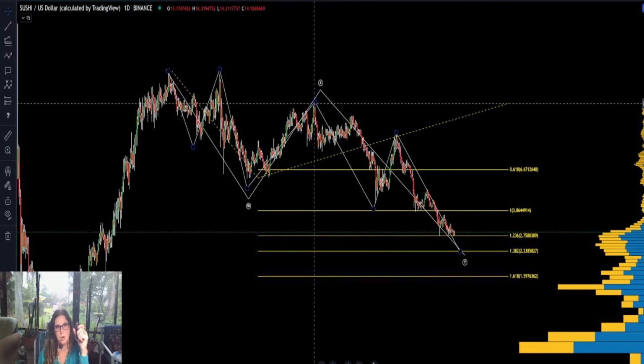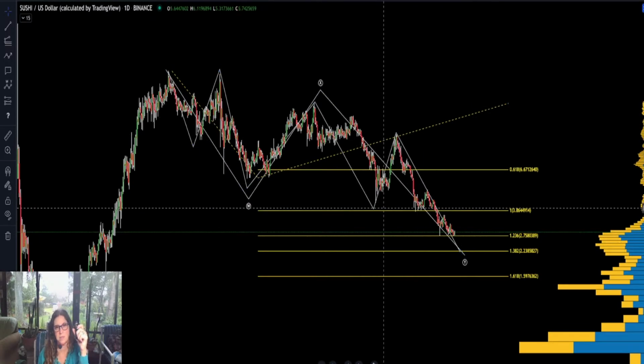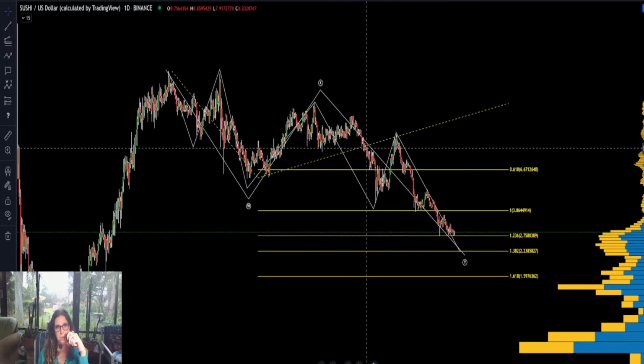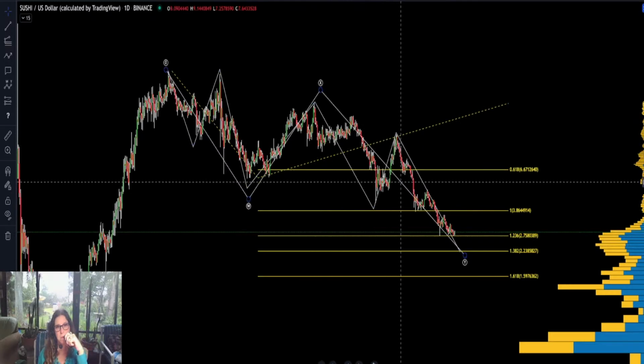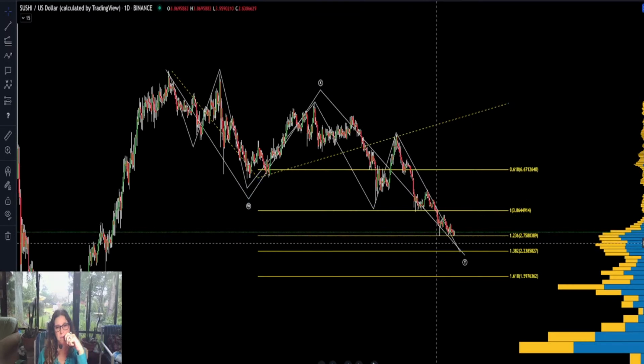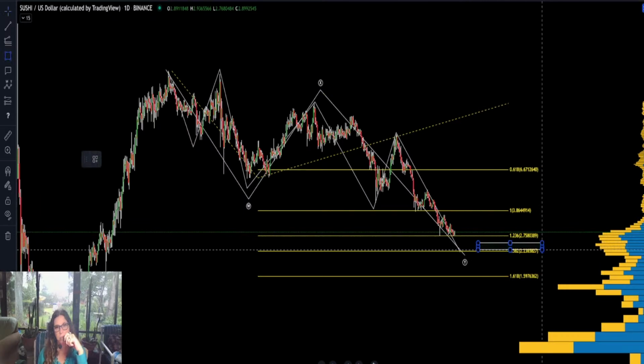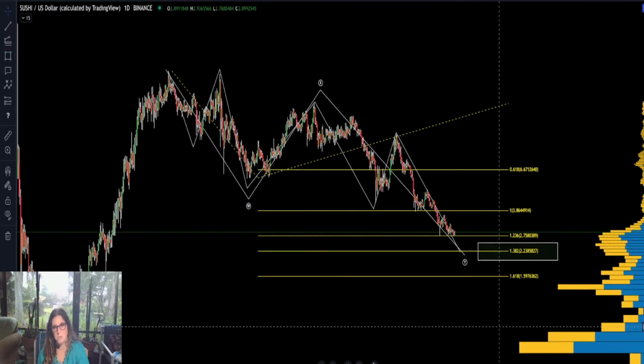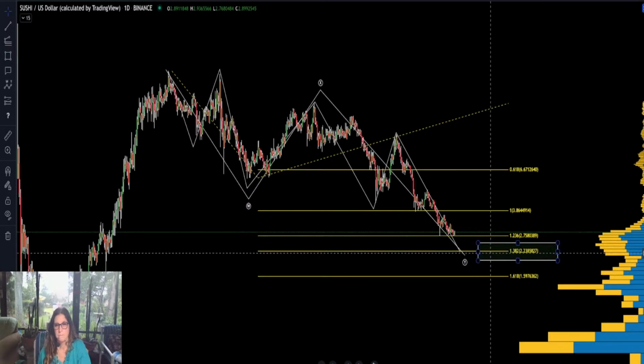If this had started with 5, that would be ugly, but it didn't. This is a 3-wave move. This is 5. It has a good chance of holding here. I would watch that fib level right there. Okay.